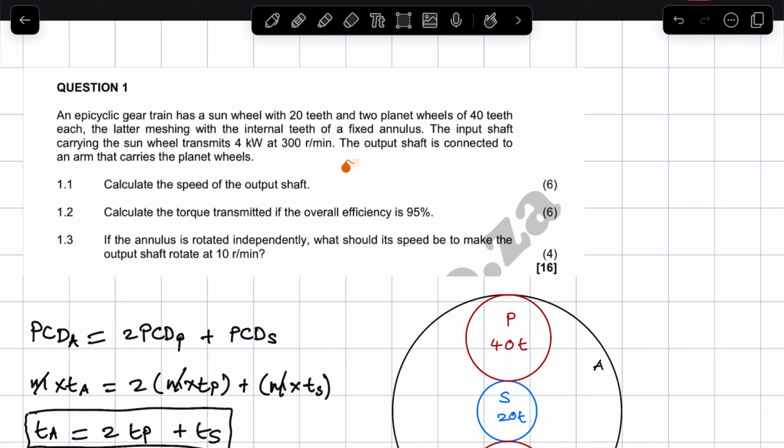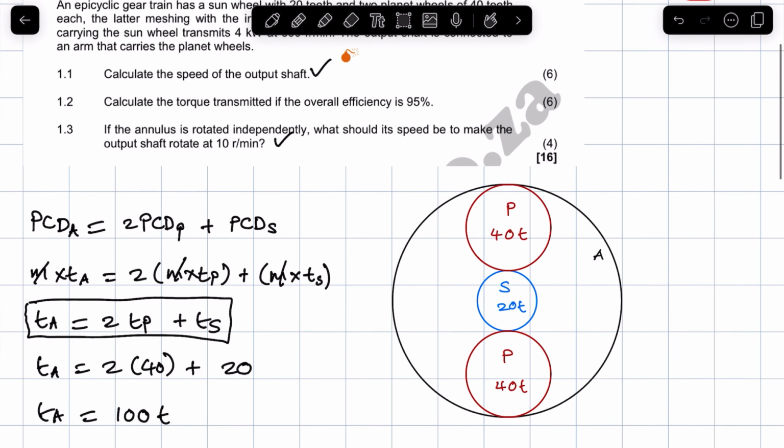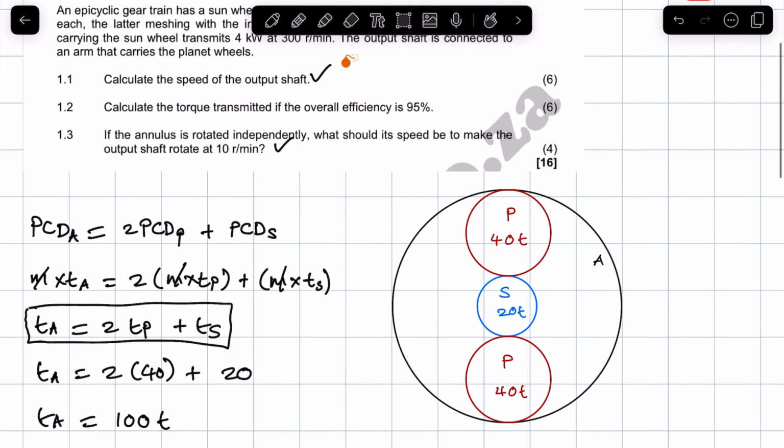So in this case, if you look at the sub questions, from 1.1 to 1.3, both 1.1 and 1.3 are going to require us to have 2 more conditions. So 1.1 is basically going to become our third condition in the table, then 1.3 is going to become the fourth condition.